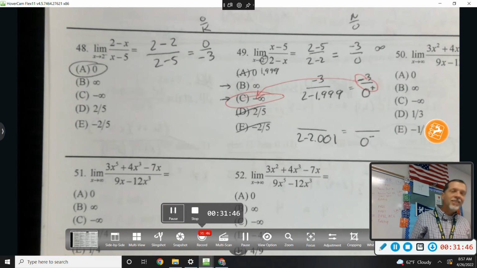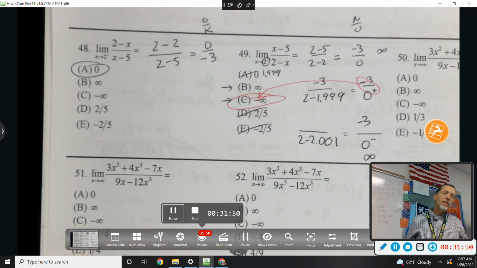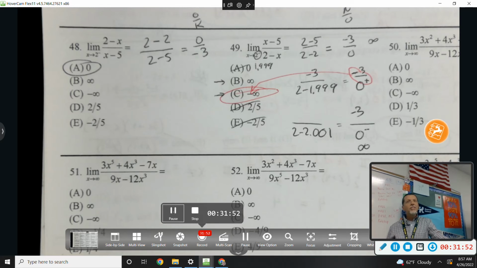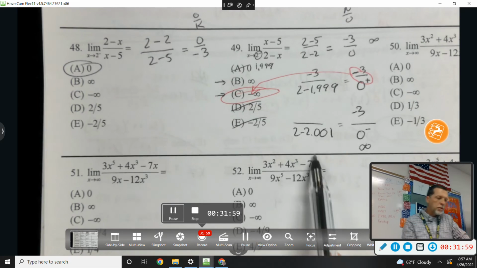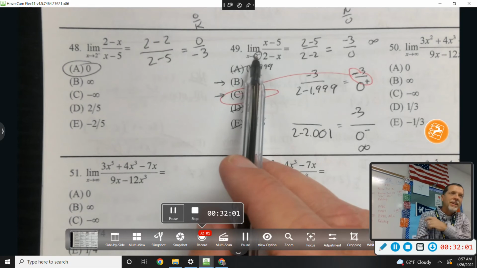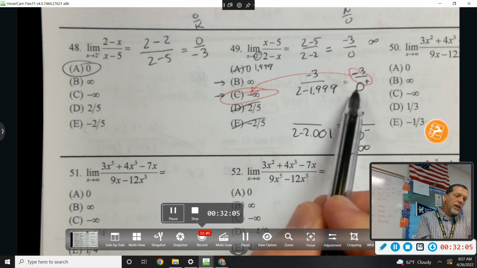So then it would be positive, and then it would have been a positive infinity. So it's not just the top. Because it's coming from the right, it's going to be a little less than 2. So this one's from the left, though. The minus sign is from the left. So a little less than 2 would be the left, which makes this positive.